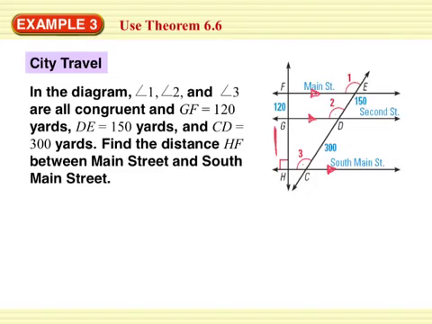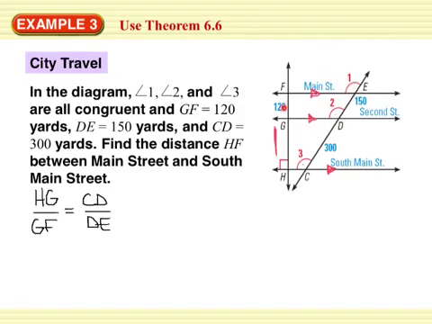So it's pretty simple. We can say that HG over GF is equal to CD over DE. Let's look at that. HG over GF is proportional to DC over DE.